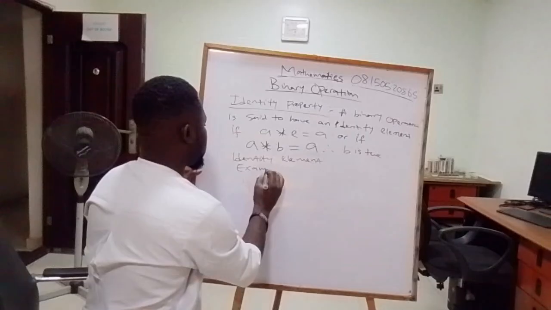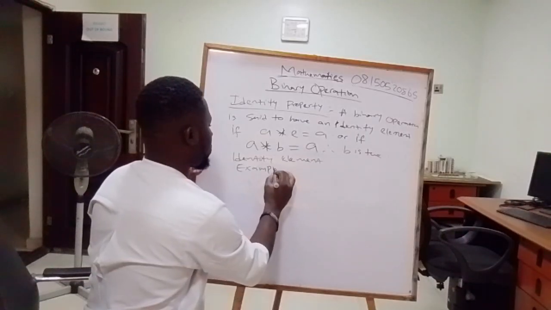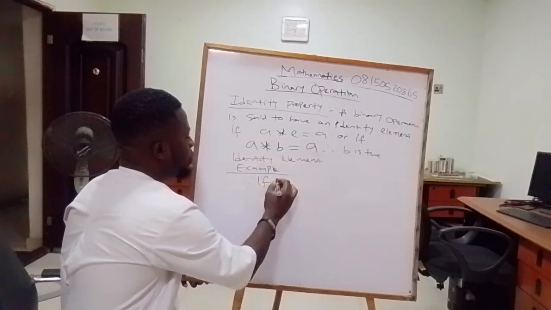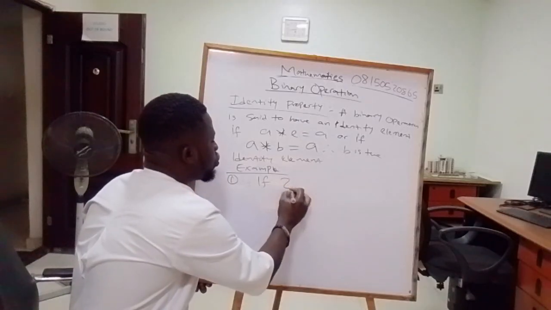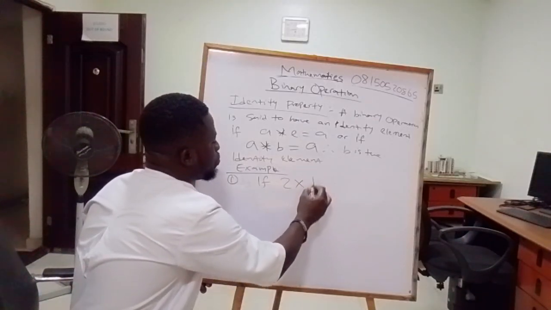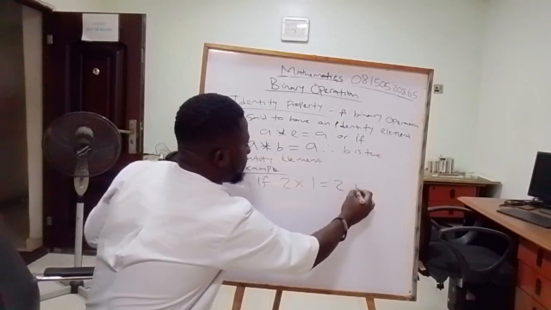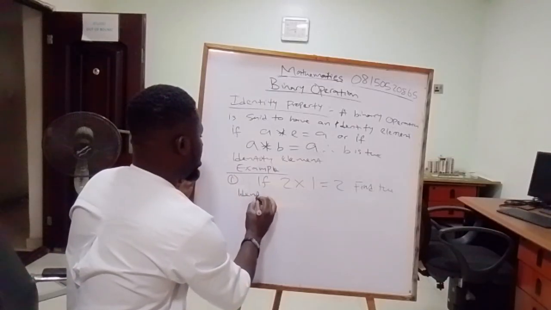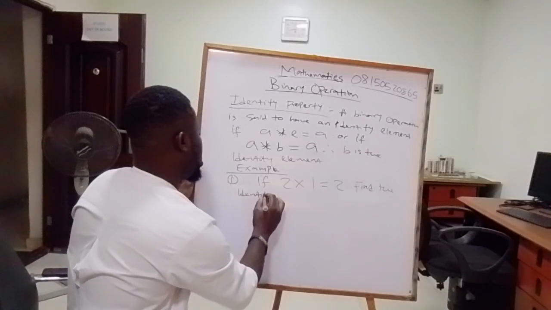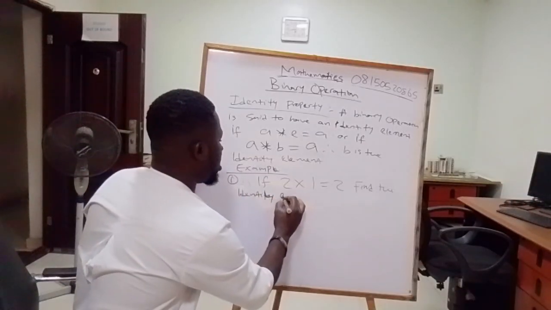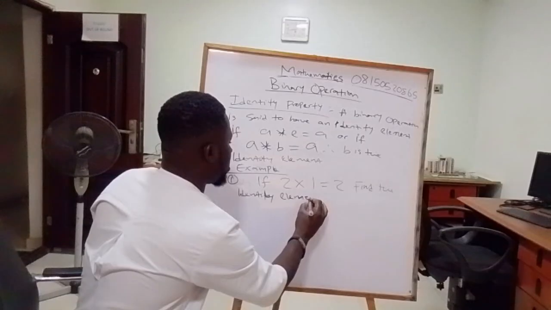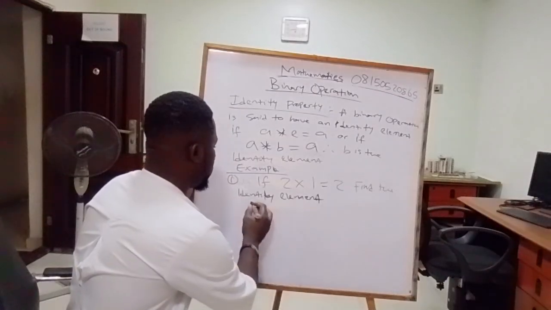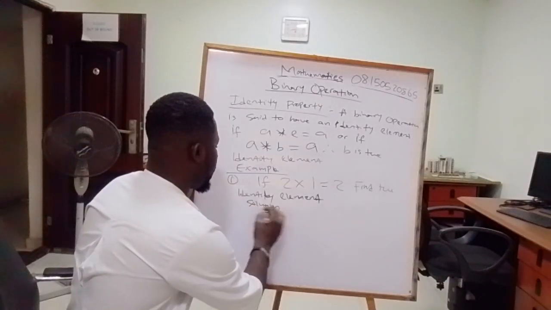Example: if 2 times 1 is equal to 2, find the identity element. So solution, don't forget the law.